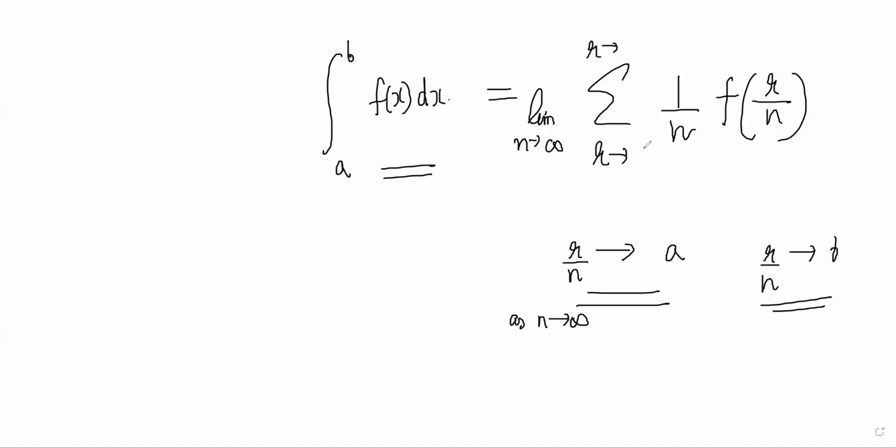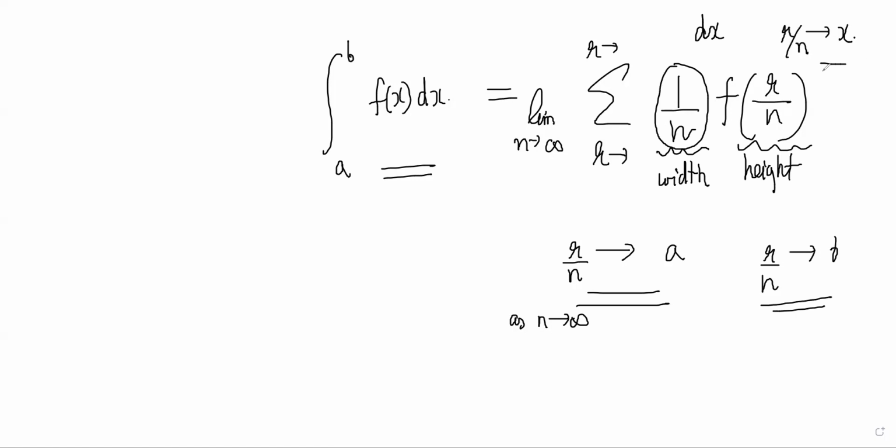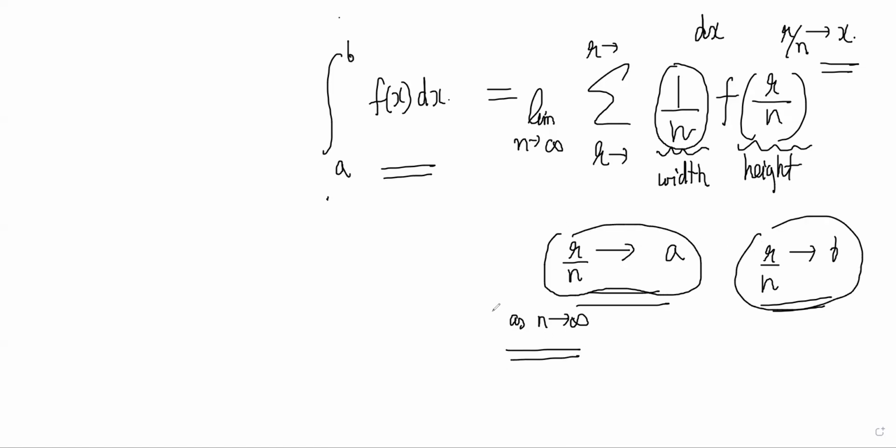The idea is this: 1 by n becomes your width of the rectangle, f of r by n becomes the height of the rectangle. So 1 by n will take the place of your dx in the integral. r by n takes the place of your x. Okay? And the limiting values a and b should come as the value of r by n as n tends to infinity.